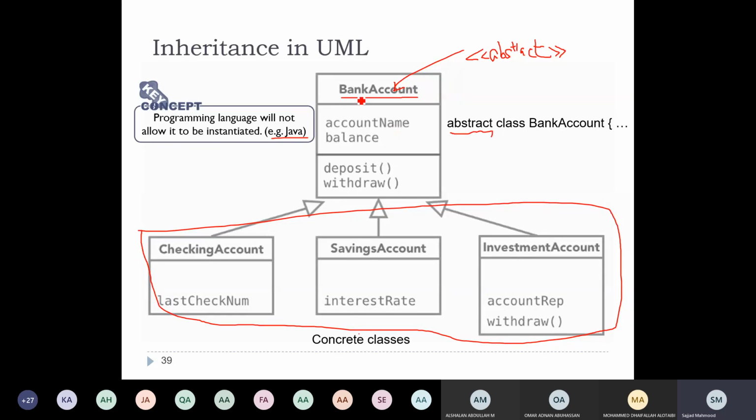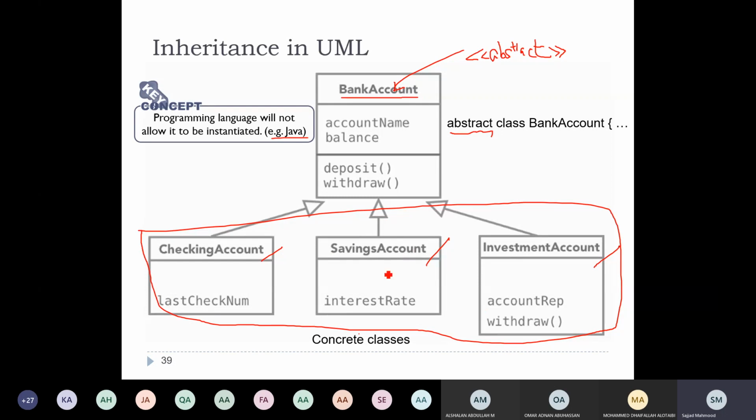For example, here, an object of a bank account really is meaningless, because an account is either a checking account or a saving account or an investment account, right? But these are different types of accounts that still have some common behaviors.